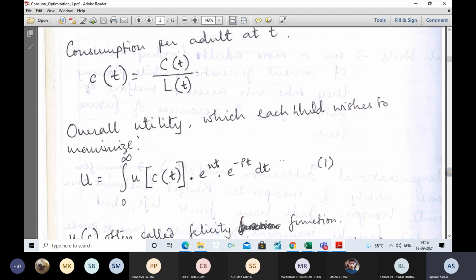Okay, so it is also plausible that parents would have diminishing marginal utility with respect to the number of children. So we are going to model this effect by allowing the rate of time preference rho to increase with the population growth rate n.